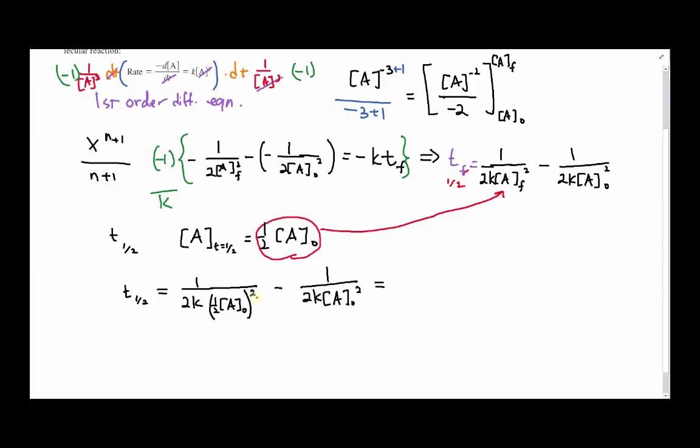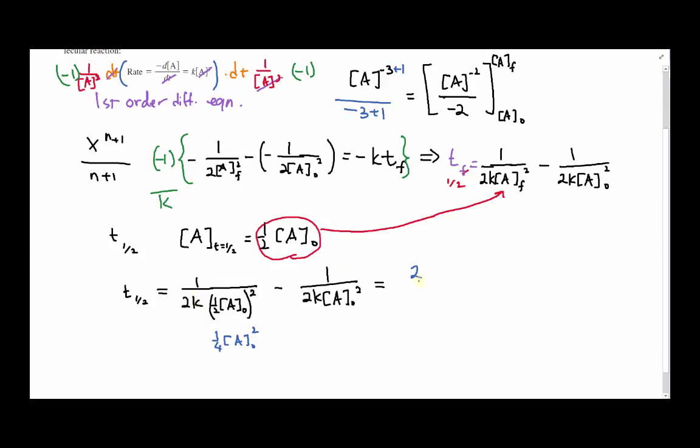Alright, this is a little bit tricky, so be careful. When you square both, this becomes 1/4, right? So let me write that down. 1/2 squared is 1/4, and the concentration just becomes squared. Now 1/4 times 2, you get 1/2, and then it's a reciprocal, so 1 over 1/2 becomes 2.